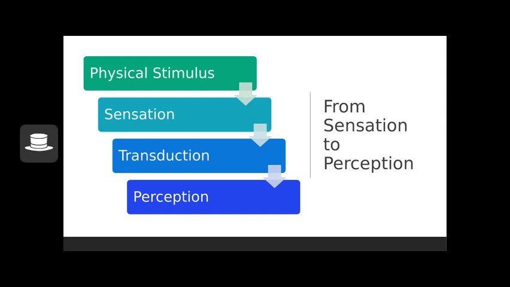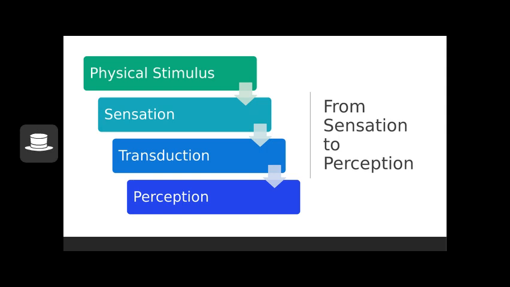Then we have sensation, right? So the physical stimulus is there, it hits one of our sensory receptors. And then what happens is whatever sense that is, whether it's light or a molecule from food, our sensory receptors translate that information into information that our brains could later interpret. So light hits my retina.